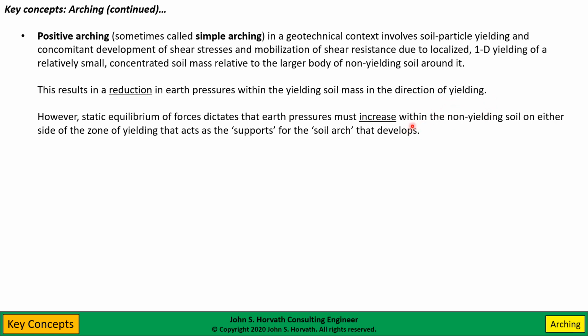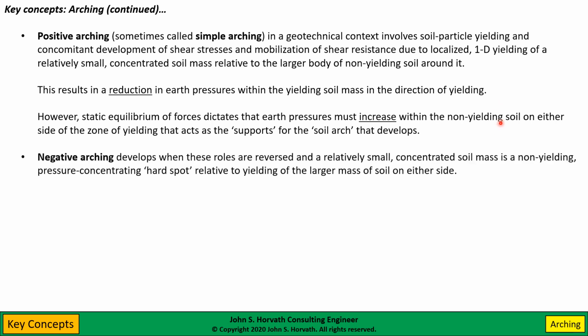So in positive arching, although you get a decrease in pressure above the trapdoor, for example, on either side of the trapdoor those pressures are going to increase in the non-yielding soil, because that non-yielding soil now acts as the supports for the soil arch, if you will, that develops. In the same way that if you have an arch bridge or an arch viaduct, you're going to have support reactions where that arch meets the ground.